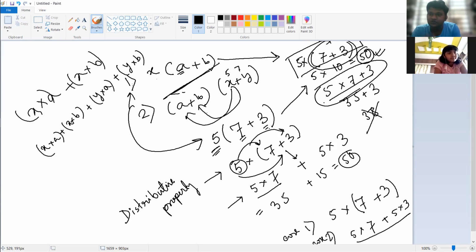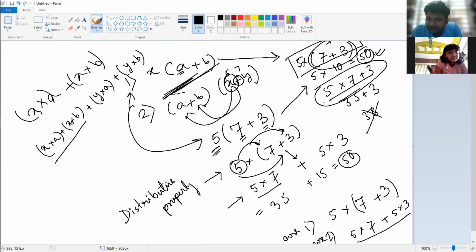First, you take any one term, suppose x, and apply the formula from the previous one. Whatever formula you applied in the previous one, do that. That is the first step. Next, you have to find the sign.